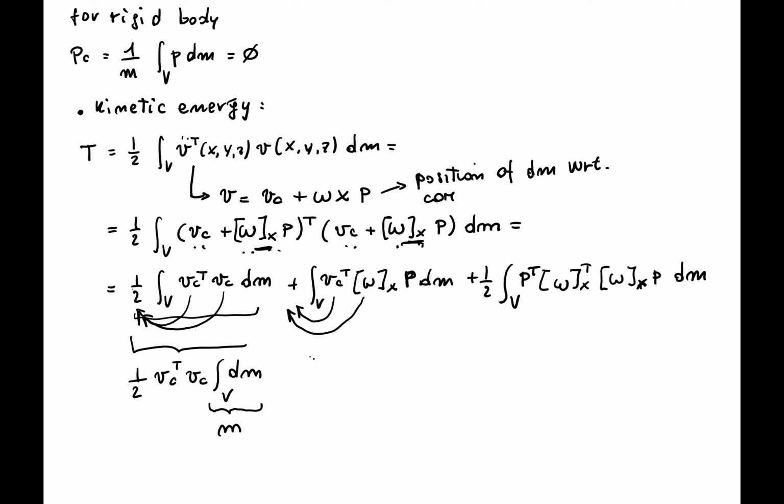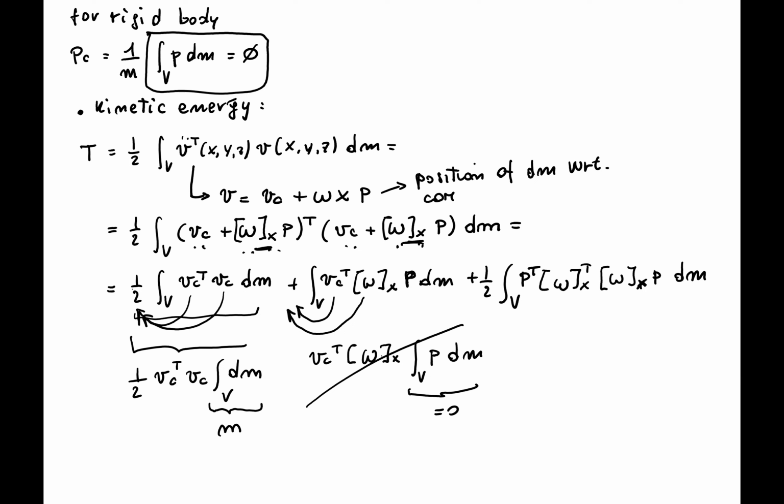While here we remain with Vc transpose omega cross the integral of p dm, which is equal to 0. Therefore, all this term is equal to 0.